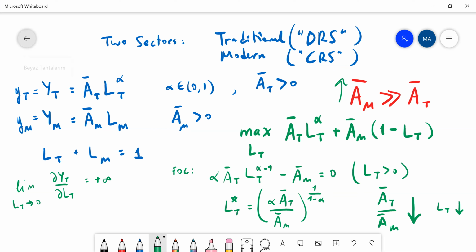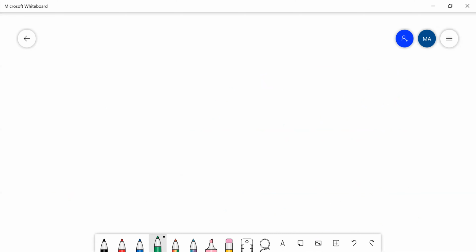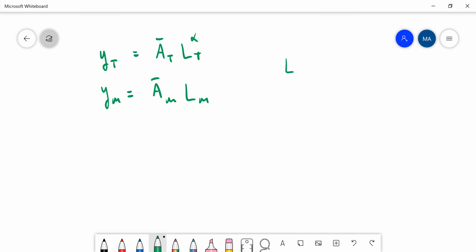To also see how it plays out, you may also imagine this. Remember the production functions. So you have traditional technology times labor employed in traditional technology, and you have the modern technology, and in total, the labor must be equal to 1.